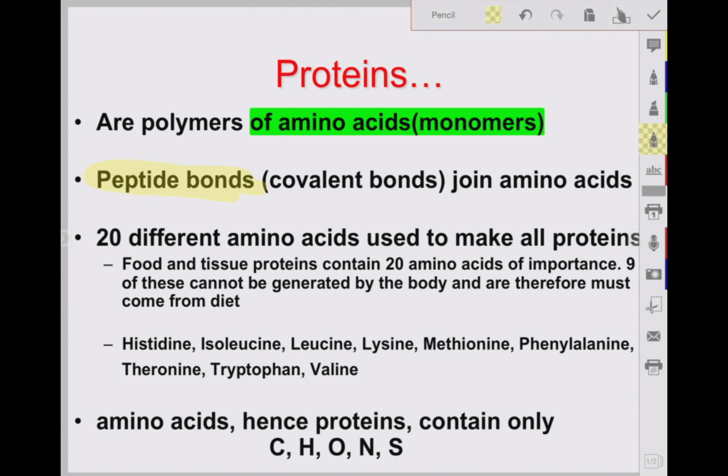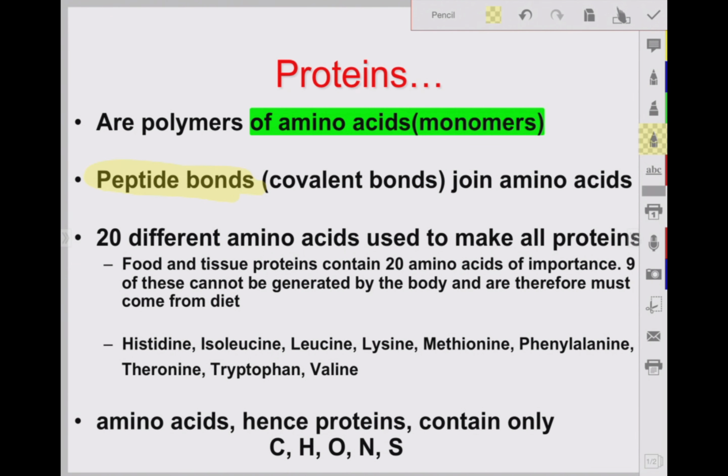For example, cats and dogs can make vitamin C. Now, that's not an amino acid, but they have the genetic capability to put together that molecule. We just don't have the ability to put together everything. So we can formulate many amino acids, but we have to get 9, and sort of debatable. Sometimes they talk about 9, 10 essential amino acids that have to come from our diet.